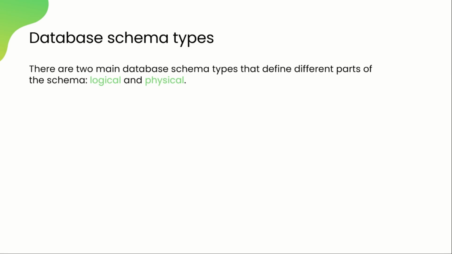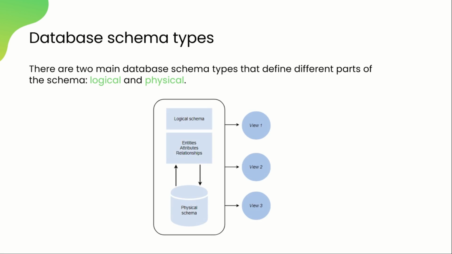Database schema types. There are two main types of database schema, logical and physical. This is a diagram which represents how a logical schema can be converted to a physical schema in order to obtain the actual output of our tables.